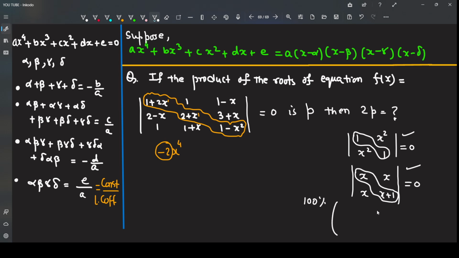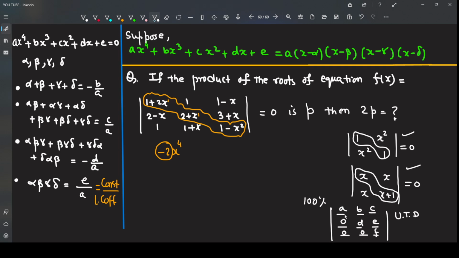So in the case of an upper triangular or lower triangular determinant, suppose here you have A, B, C, 0, D, E, 0, 0, and F. In this case, it is an upper triangular determinant.